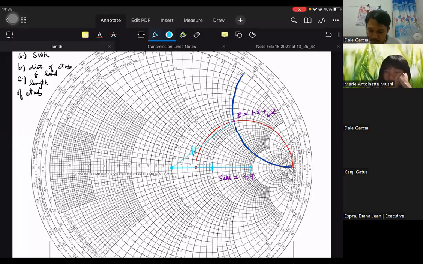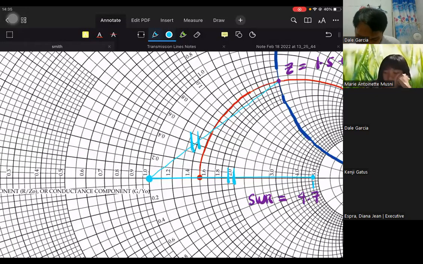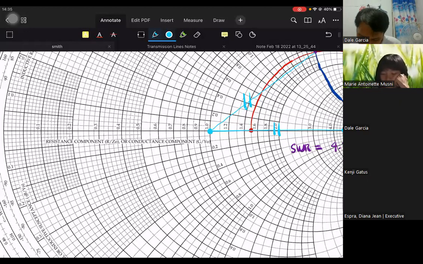The point 180 degrees opposite our impedance is of course the admittance. I hope my drawing is accurate.